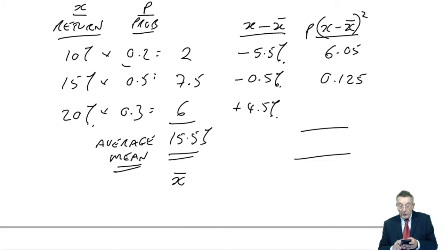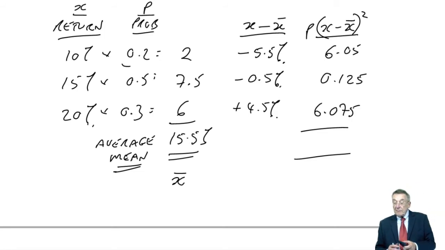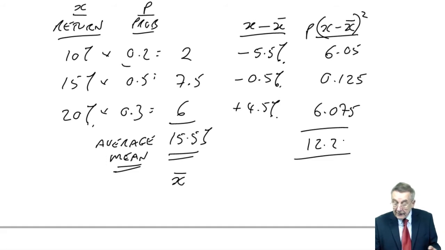And finally, 4.5 squared times the probability 0.3 is 6.075. Add them up, 6.05 plus 0.125 plus 6.075. They're all positive because we squared. Comes to 12.25.